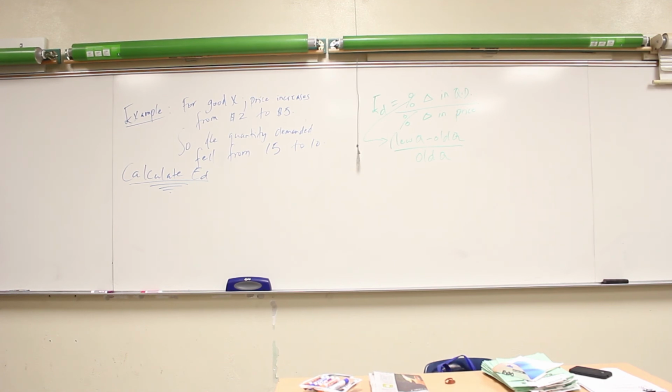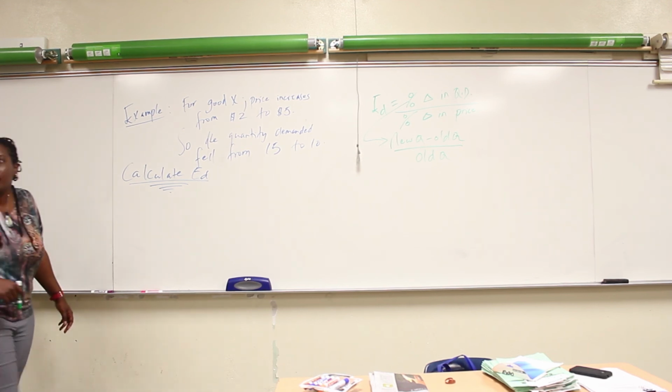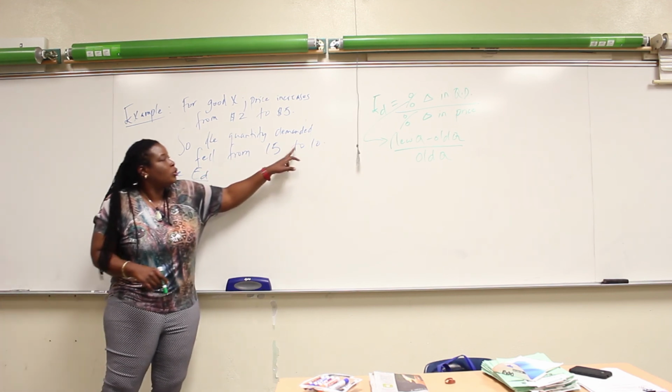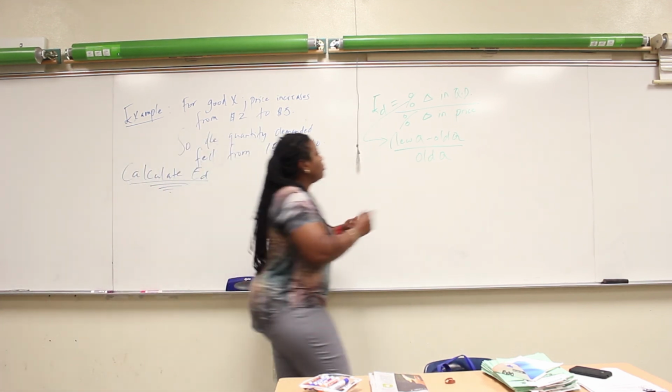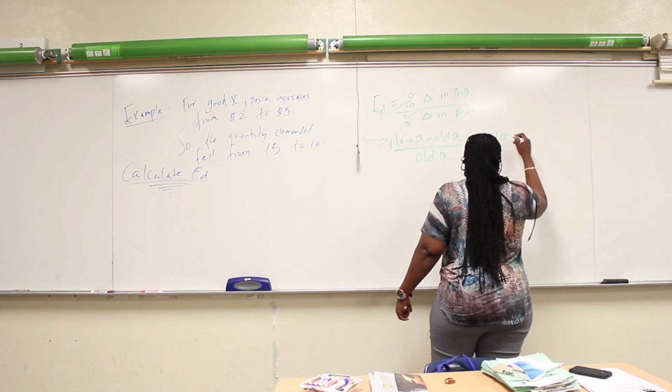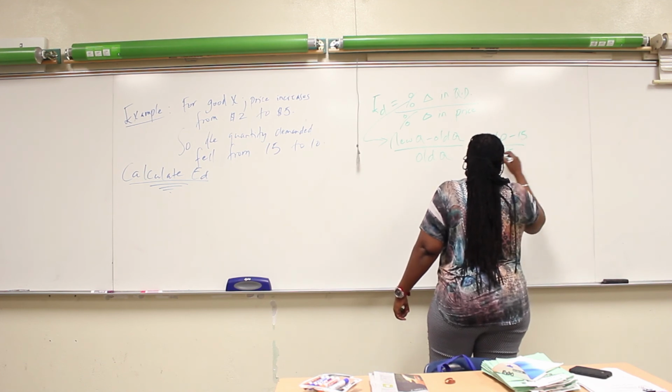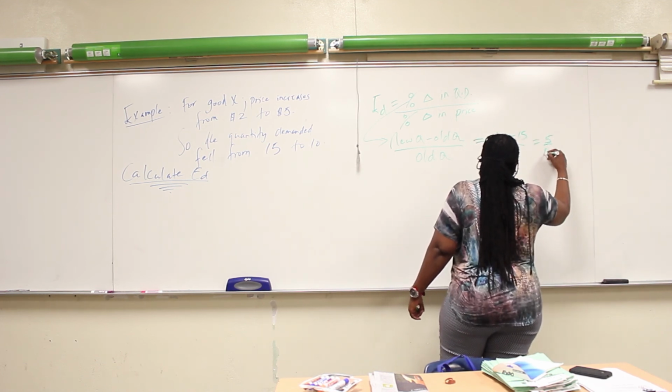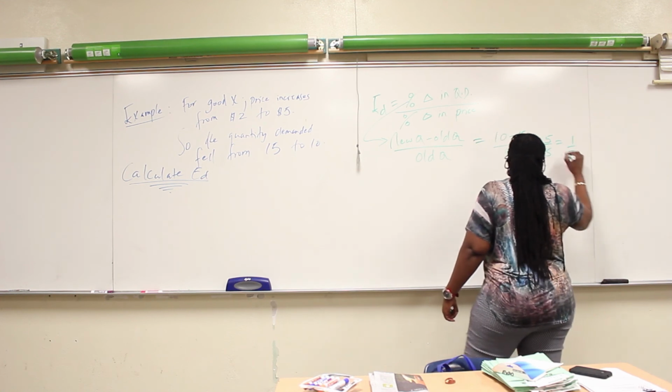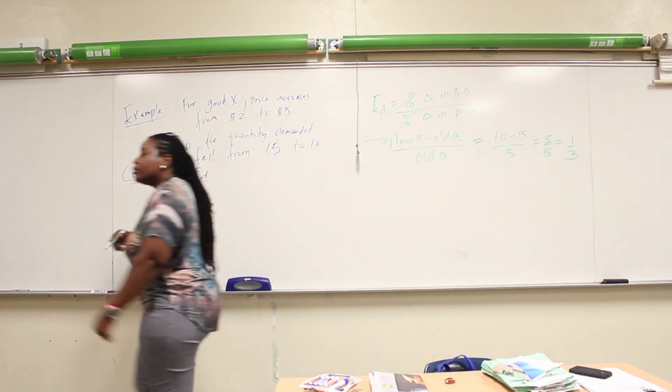So what's the new quantity? 10. Everybody sees that? And the new quantity is 10? Is there anybody lost and not sure why we chose 10 as the new quantity? So from 15 to 10, that's the top part.